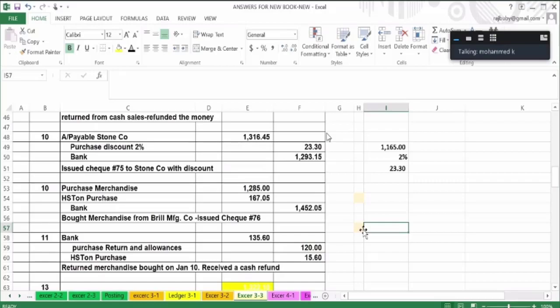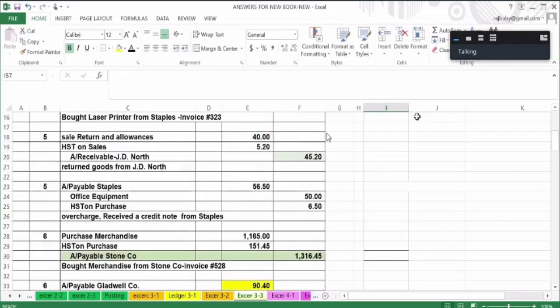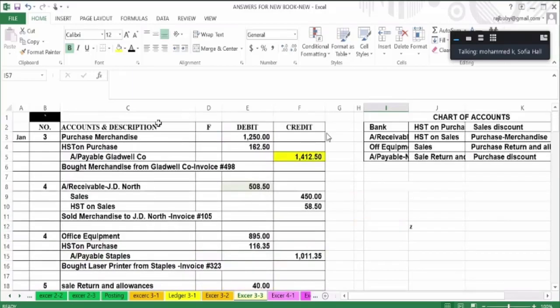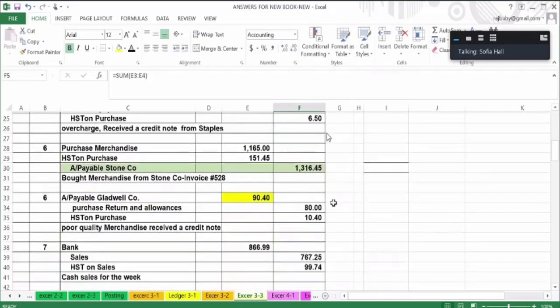January 13th. Issued check number 77 to Gladwell Co. to cover the invoice number 498 on January 3rd, less the credit note. So we're going to credit our bank account.